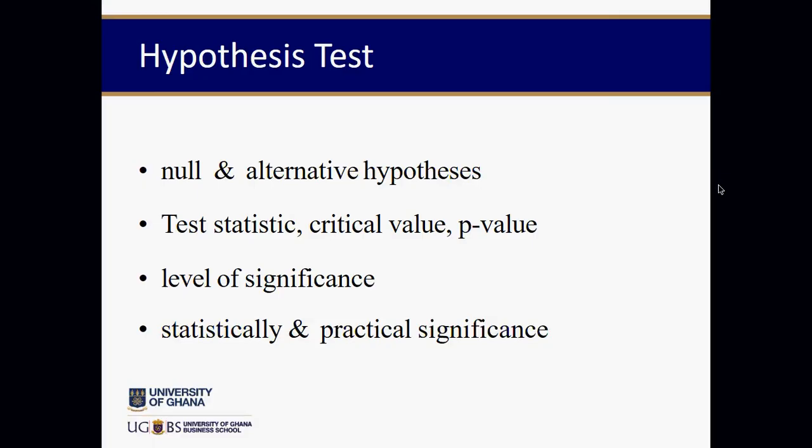When stating your null hypothesis, it should be H0, then you bring your colon, and then your population mean will come. We cannot get the same symbol, so it is mu.